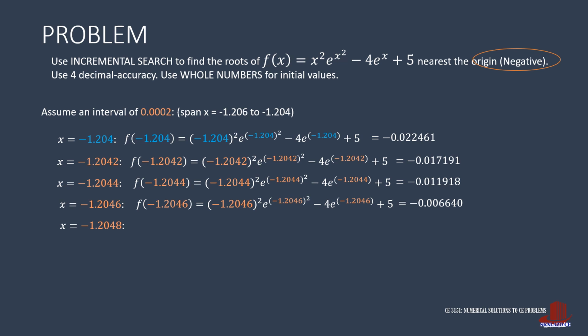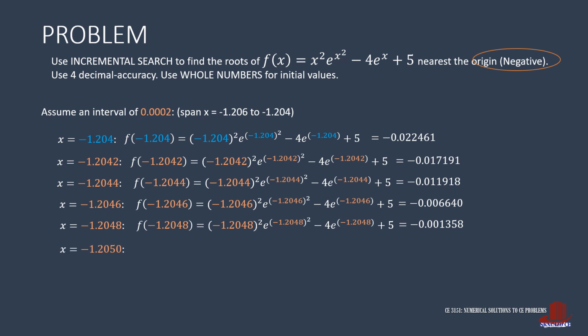For x of negative 1.2048, work on the function to come up with negative 0.001358. This is still a negative, so we keep on subtracting in increments.